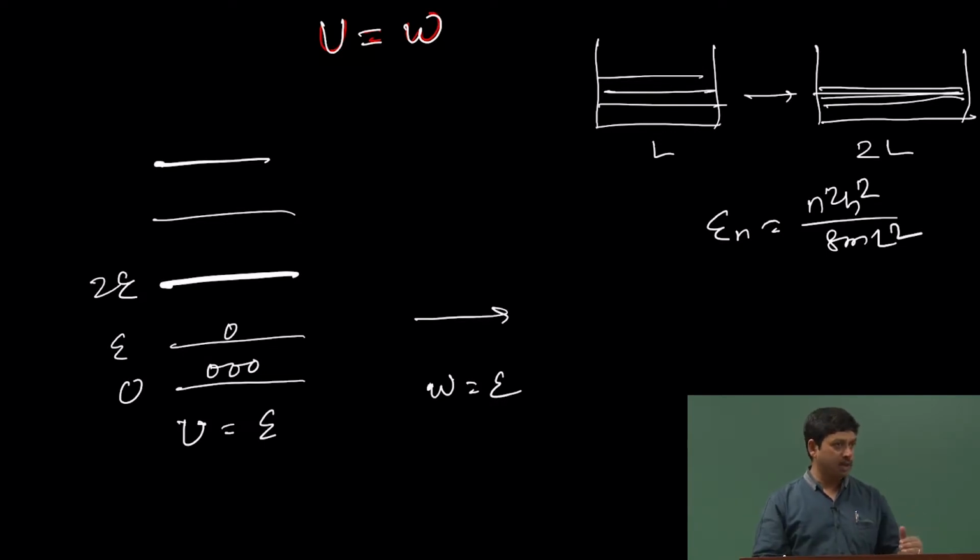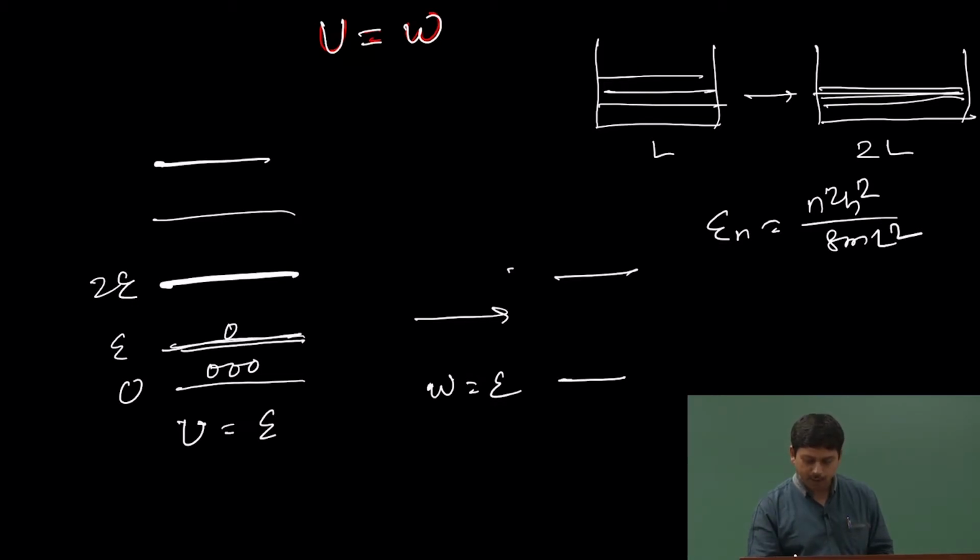A compression work, I told you, is the work in which the internal energy of the system increases, because that is a positive work. Therefore, we are going to look at compression work, when volume decreases or L decreases. What happens in that case? The energy separation increases. So now this E is going to become 2E.